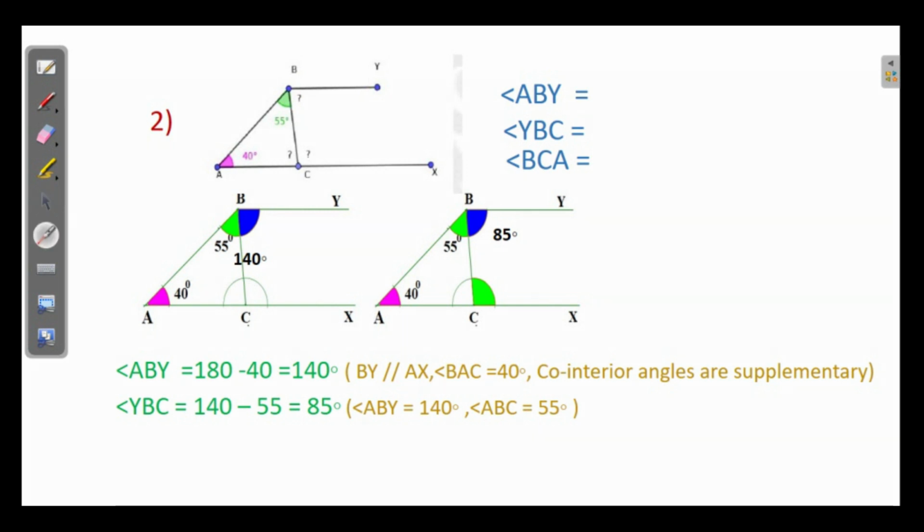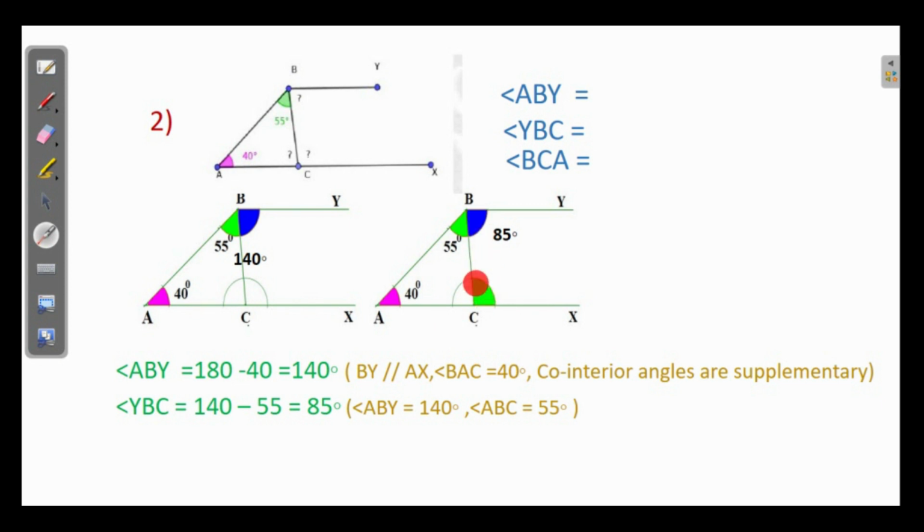Now, we have to see the measure of this angle. We have just seen in the last problem. BY and AX are parallel lines, and take this as the transversal. Don't look at here. We have to take these parallel lines and this transversal only here. So which are the co-interior angles?